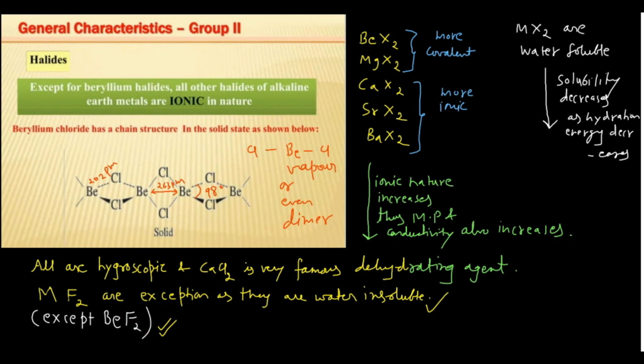So what happens when you take beryllium fluoride, BeF2, and try to dissolve it into the water? It results in [Be(H2O)4]2+, and it has very high solvation energy of beryllium.